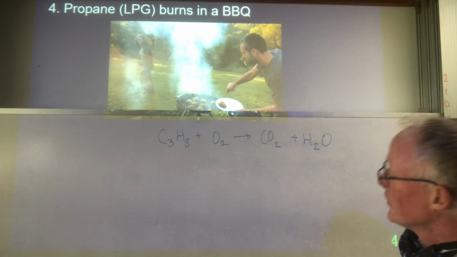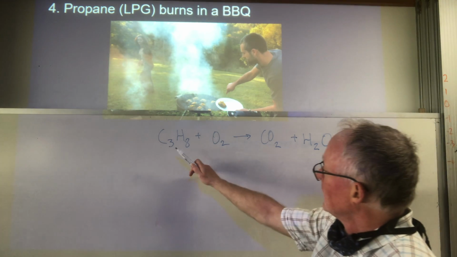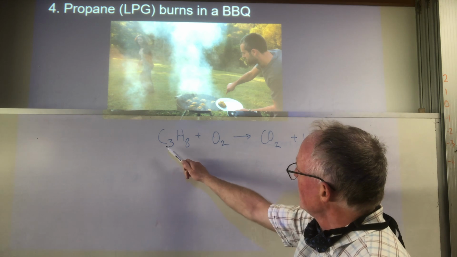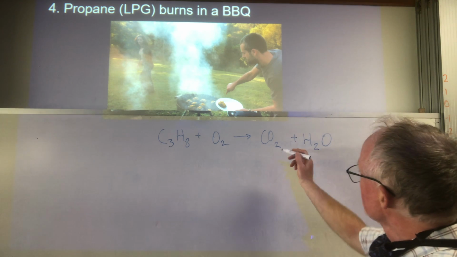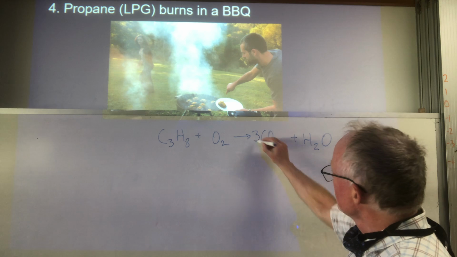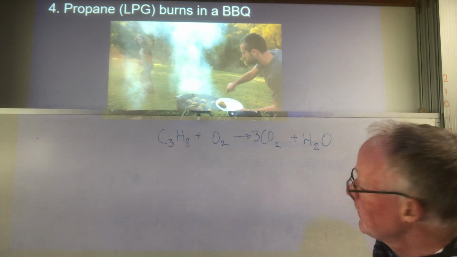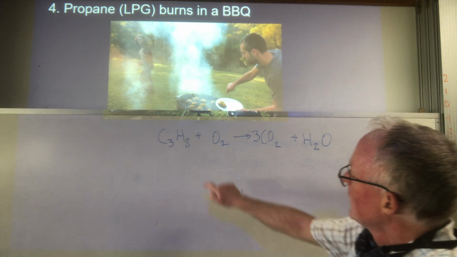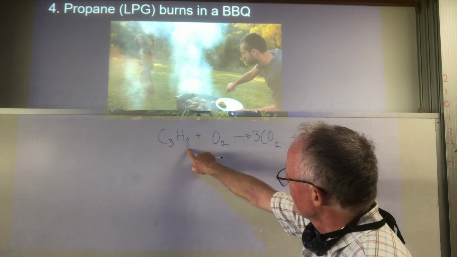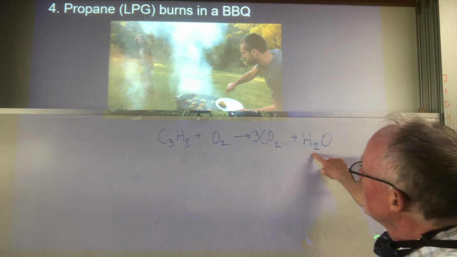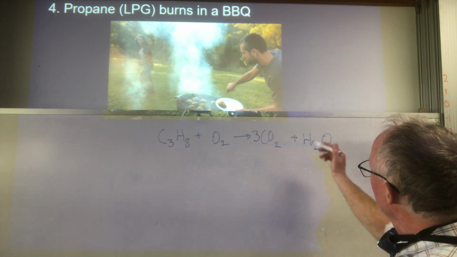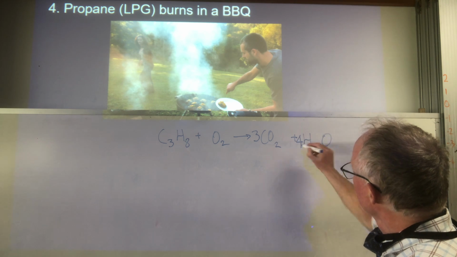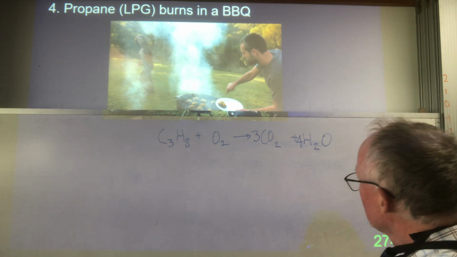Balancing combustion reactions, you remember the steps. First of all, we balance the carbon, so 3 carbons means 3 carbon dioxides. Then we balance the hydrogens. 8 hydrogens, all the hydrogens end up in the water. Each water's got 2, so that means we'll need 4 waters to balance the hydrogens.